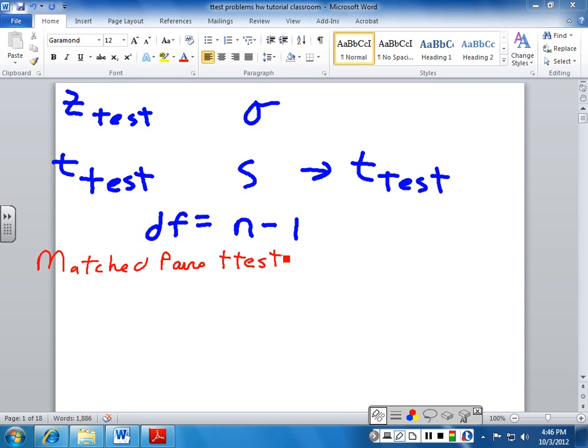This is basically the big example of the paired t-test. It's not the only example of the paired t-test. It is a pre-test, post-test.